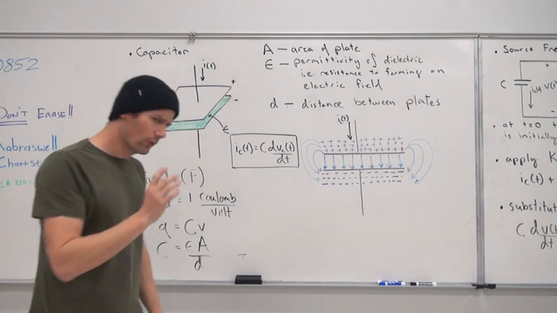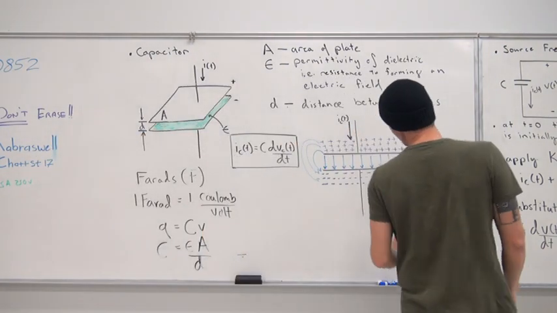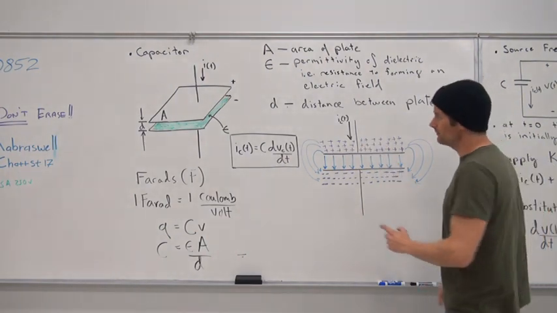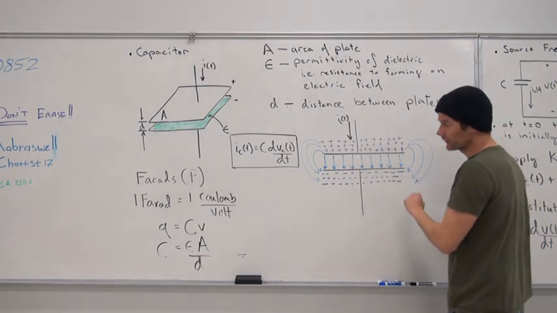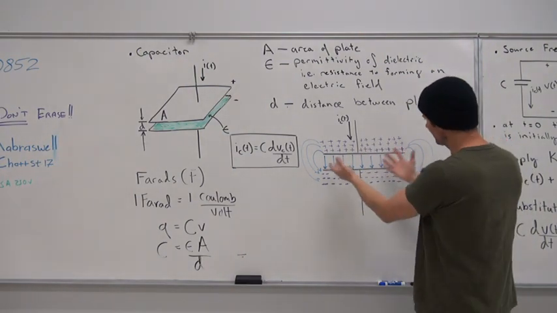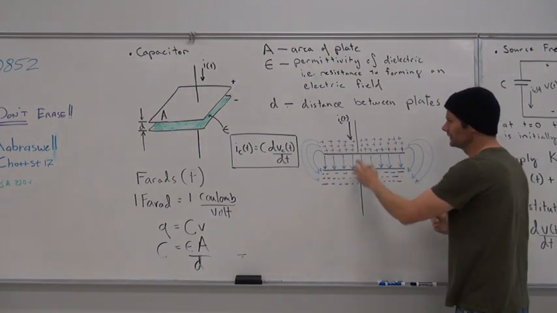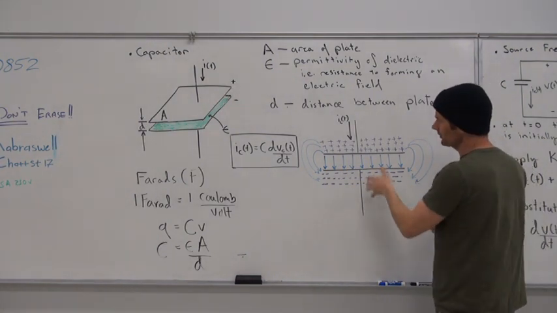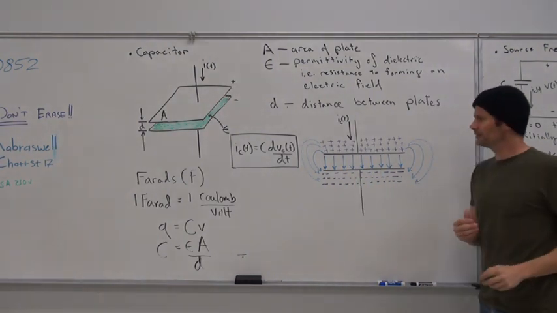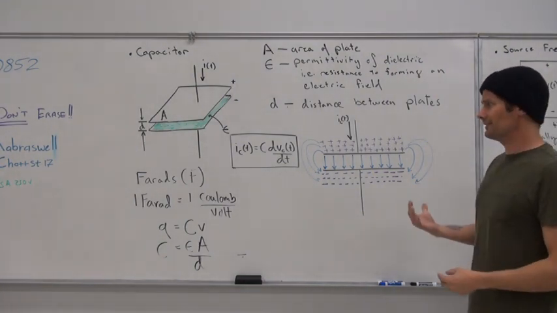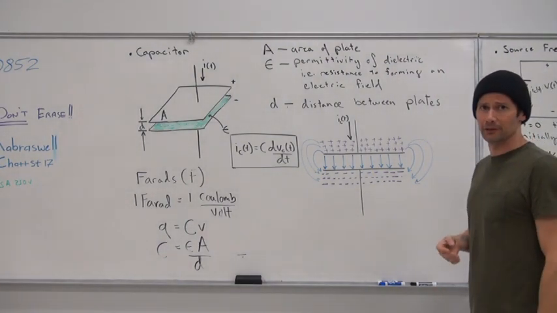But once again, when we consider that current flows to this plate and that positive charge builds and negative charge builds, and that's due to the fact that we're building this electric field in between and surrounding those plates, we come to the conclusion that we're looking at a very dynamic element.